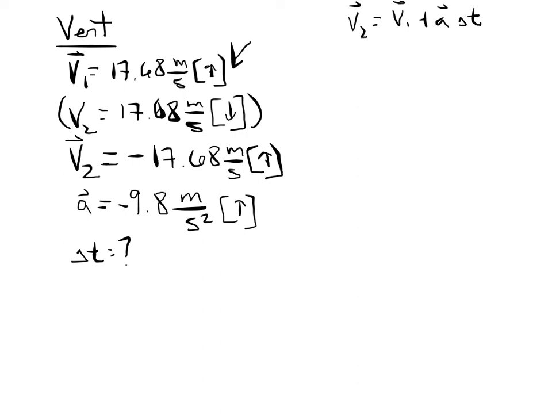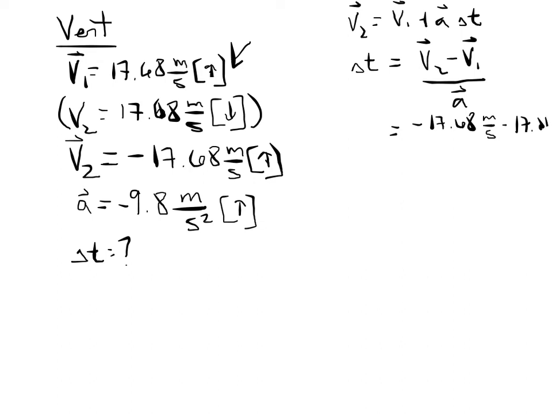And we could rearrange that to say that delta t equals v2 minus v1 over a, equals v2 being negative 17.68 meters per second minus v1, which is 17.68 meters per second, divided by negative 9.8 meters per second squared.